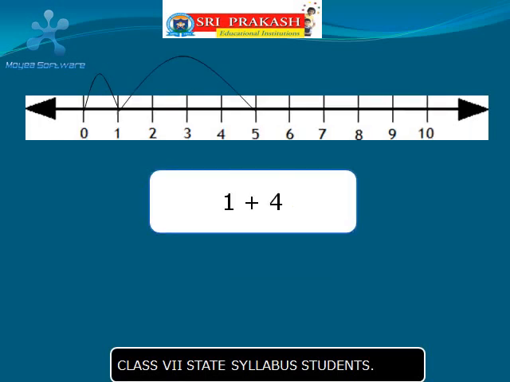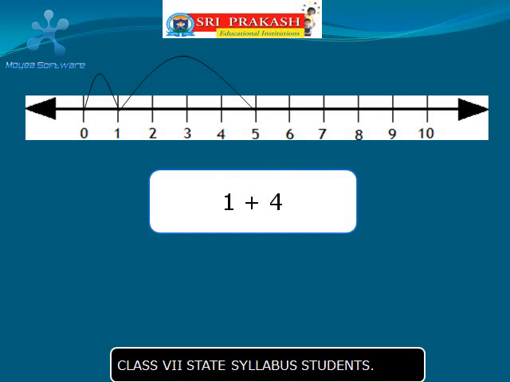Now let us add 1 and 4 with the help of a number line. Our first number is 1. So from 0 we move 1 unit or 1 space towards the right hand side. So we reach at 1. The second number is 4.